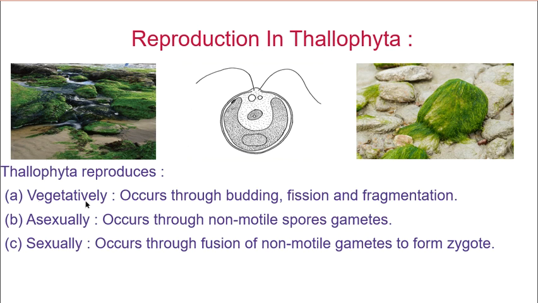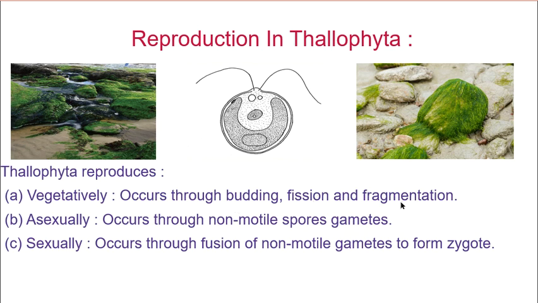How do they reproduce? They reproduce in three ways: vegetatively, asexually, and sexually. Now, vegetatively, they reproduce when budding, fission and fragmentation occur. Now, what is budding, what is fission and what is fragmentation?